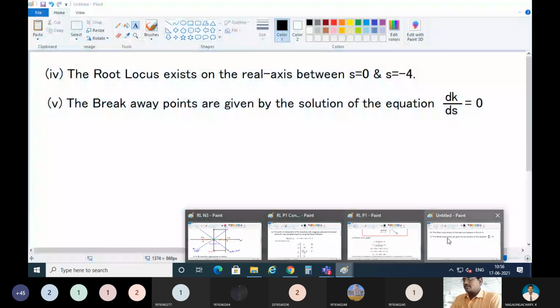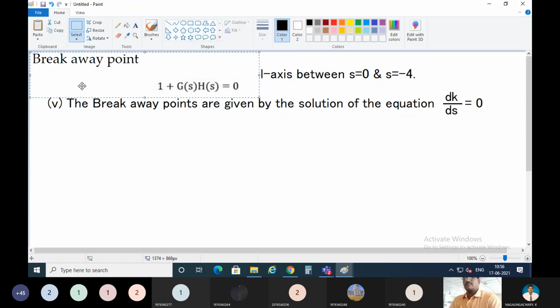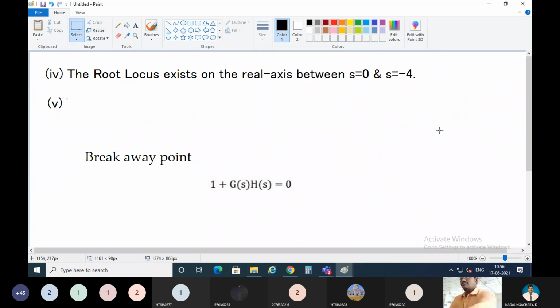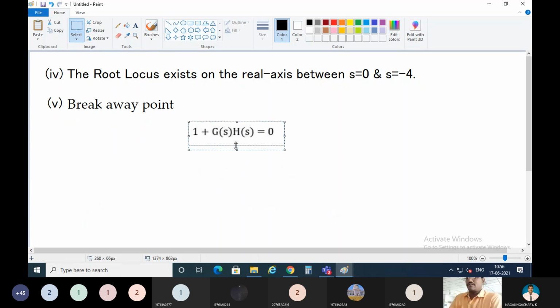So, to calculate the breakaway point, first write 1 plus g of s into h of s equal to 0.